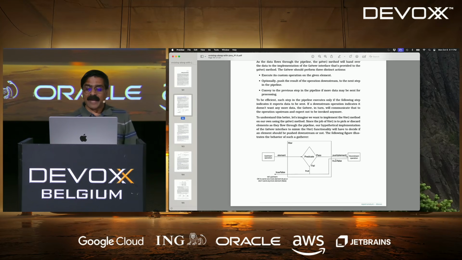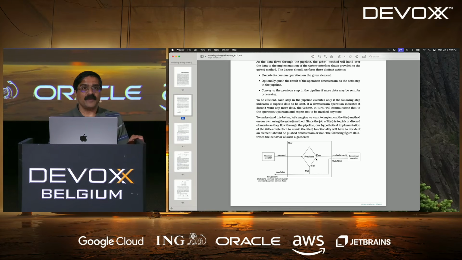And the downstream tells you its desire, that it wants more data or not, and you're taking that and forwarding it to the previous stage. And in this case, you might also have to make your own decision, because sometimes, for example, if this is filter, you're never going to return a false, you're always going to return a true, or what the downstream says.